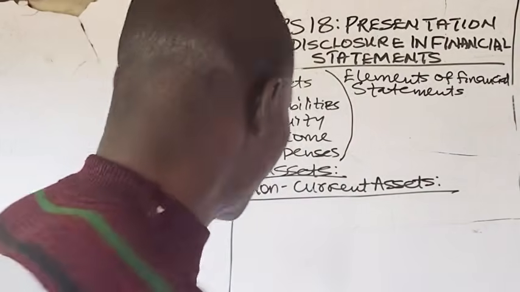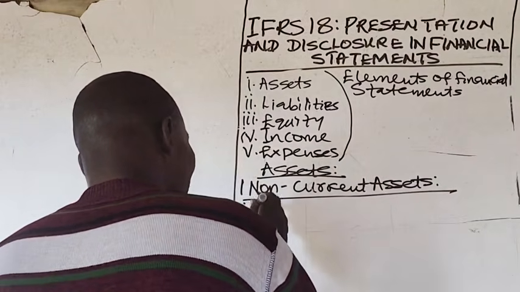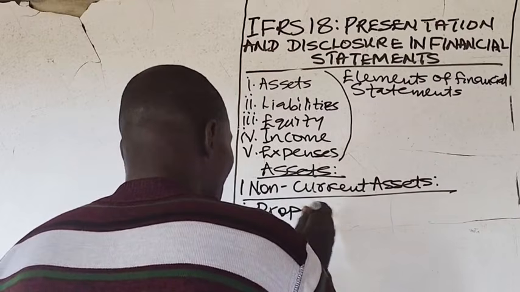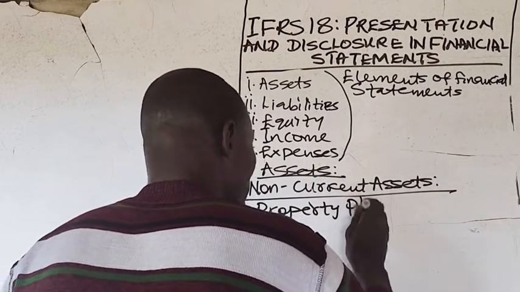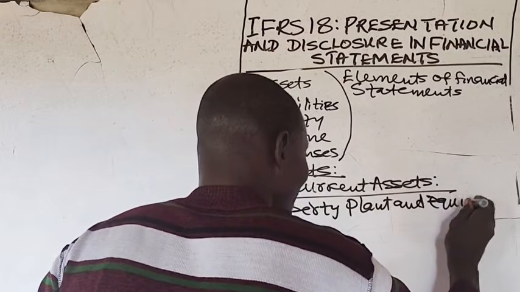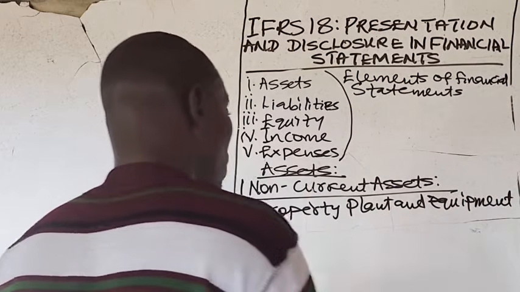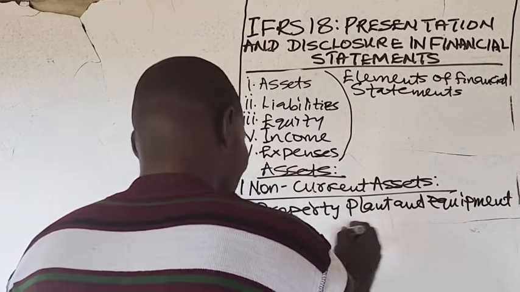Examples of non-current assets include, number one, property, plant, and equipment in accordance with IAS 16.